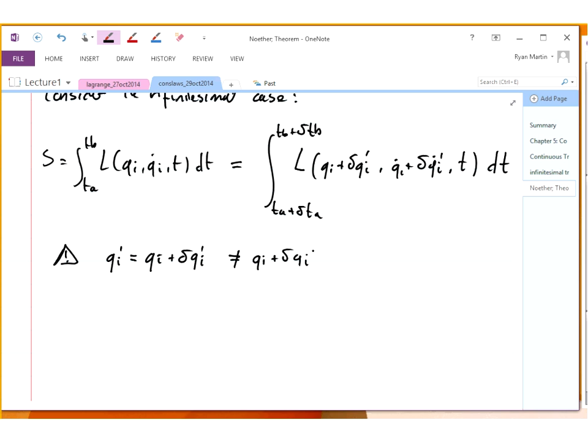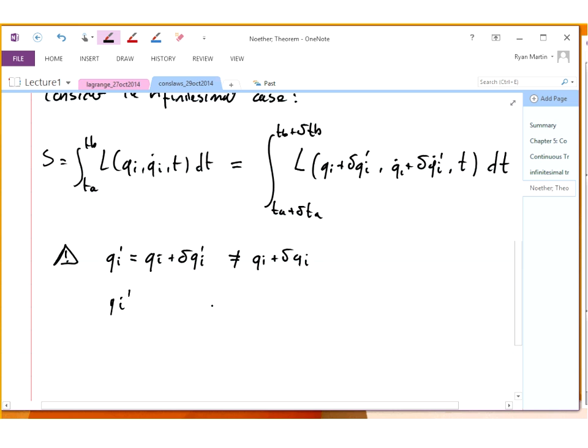So what do we mean by delta QI primed? We're varying potentially two different things. We're varying time and we're varying the coordinates. Right, so QI prime can be different than QI not only because we've shifted the rotation axes, but also because that transformation might include time in it. So we have to be a little bit careful. This is pretty much the trickiest part of the derivation, is to understand this.